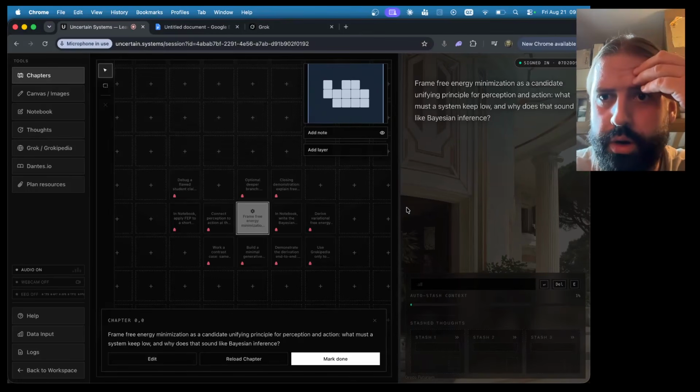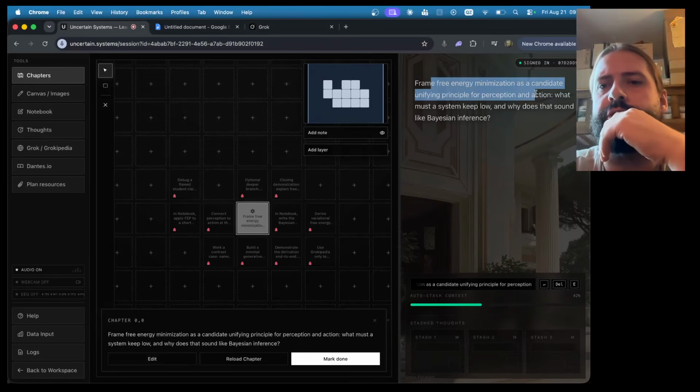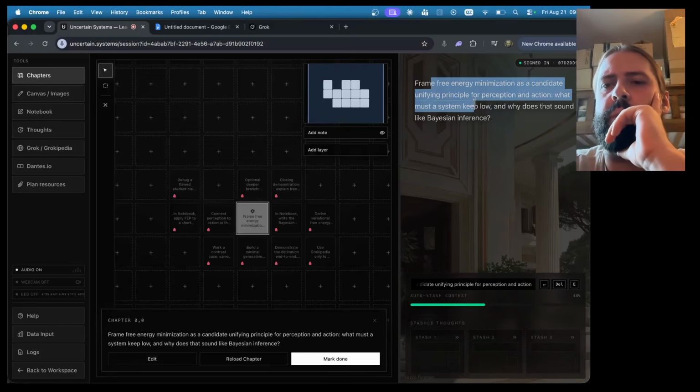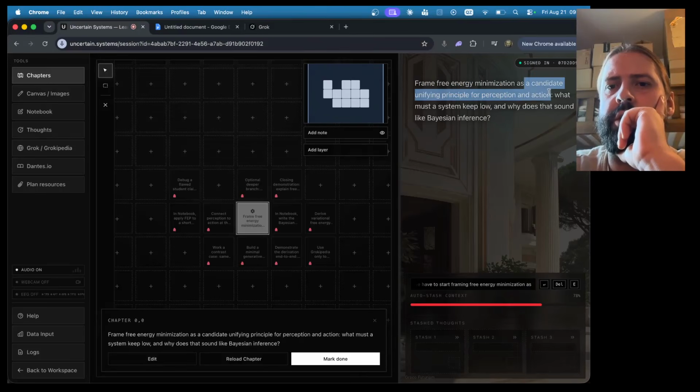Cool. So we are in this chapter: frame free energy minimization as a candidate unifying principle for perception and action. What must the system keep low, and why does that sound like Bayesian inference? So we have to start by framing free energy minimization as a candidate unifying principle.